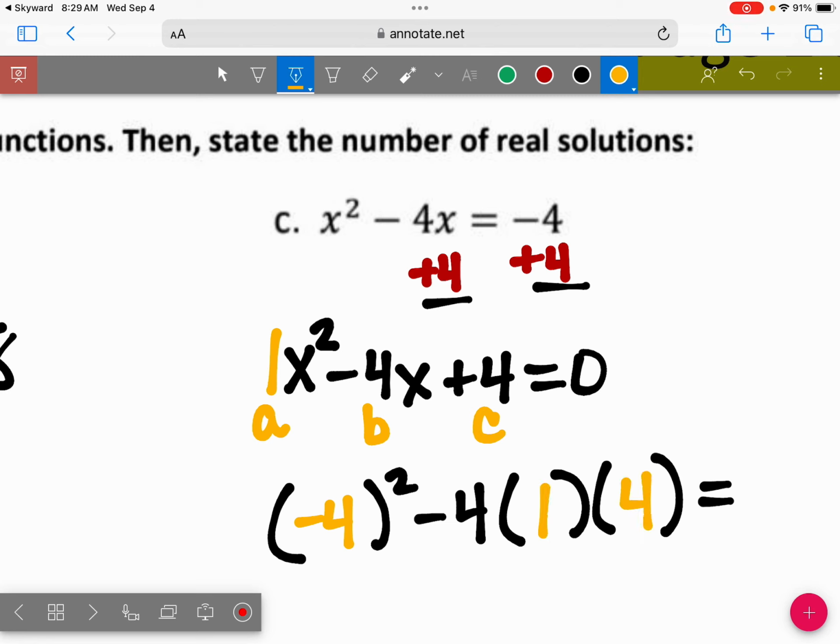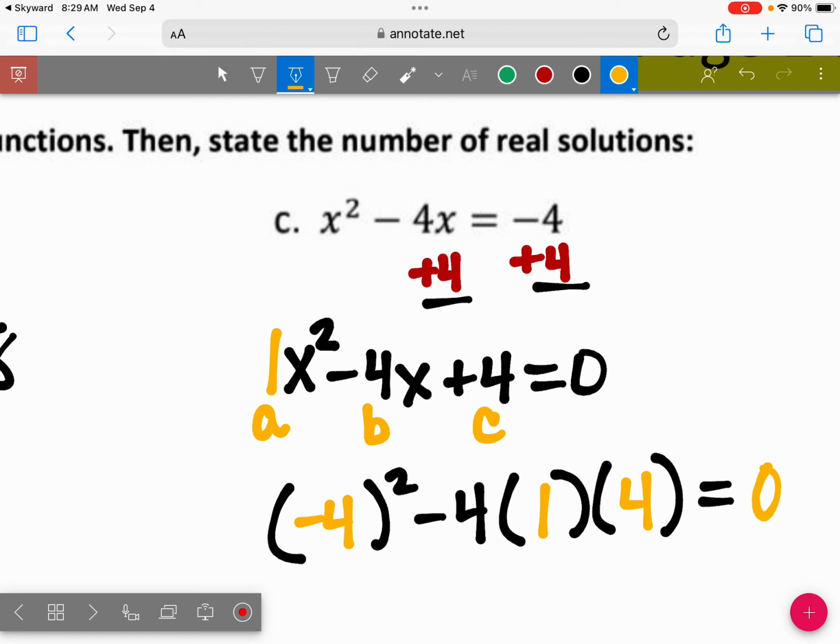Go ahead, type that in your calculator just like that. What solution did you all get? 0. Who got 0?